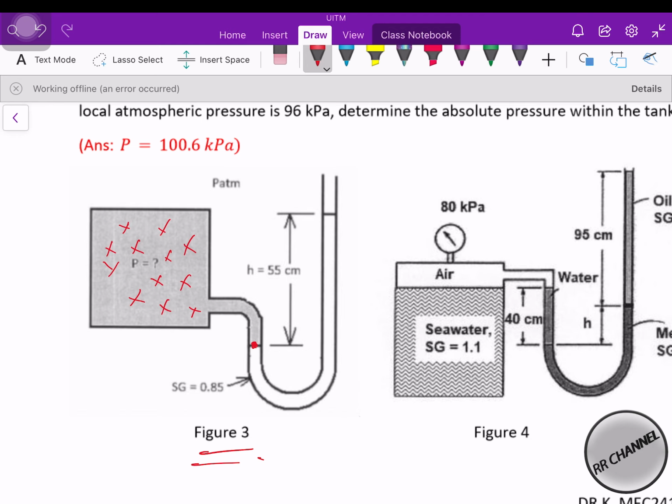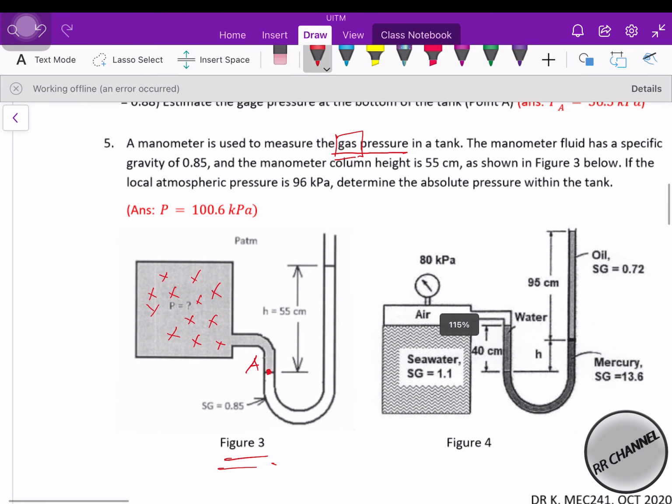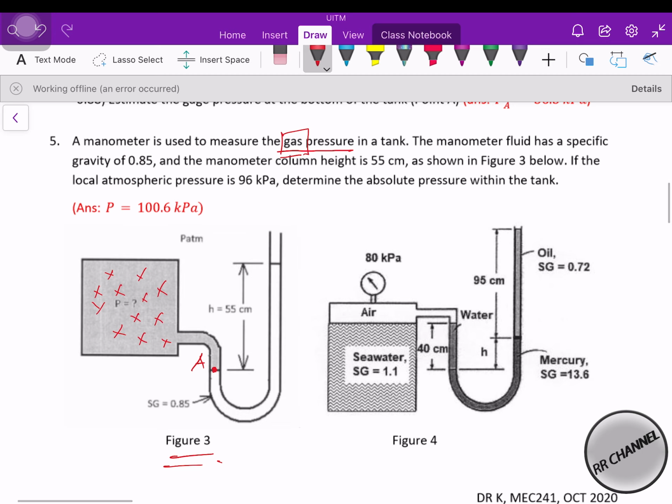Okay, so let's say this is point A. Then after the gas layer, we have another fluid with SG of 0.85 here, and then the manometer column height between point A and the atmospheric level, or we just put here point B, is 55 centimeter as shown in the figure.